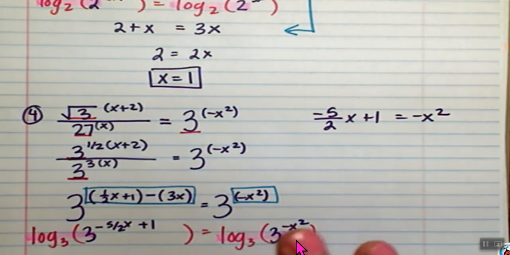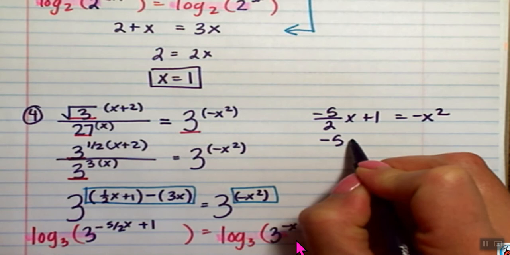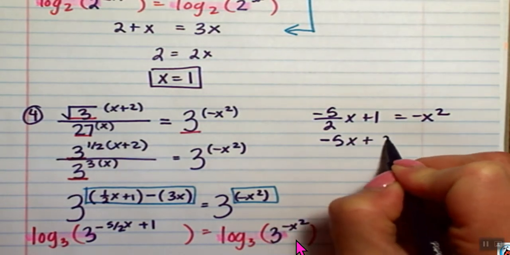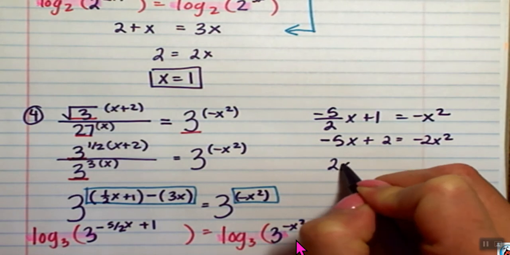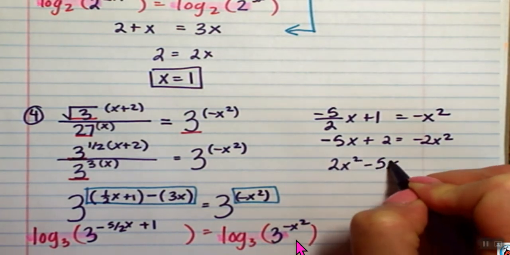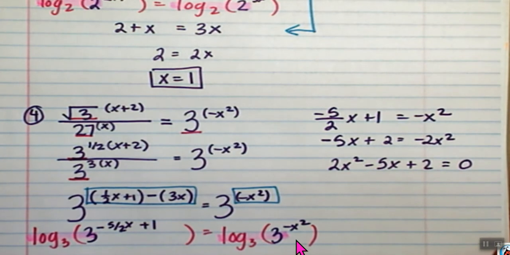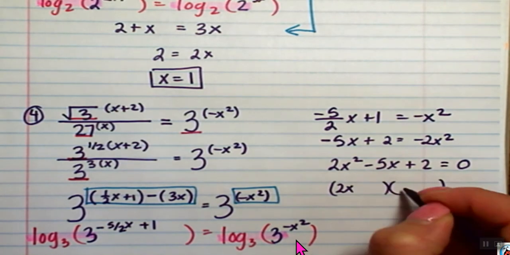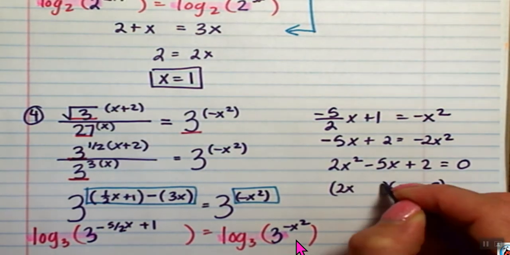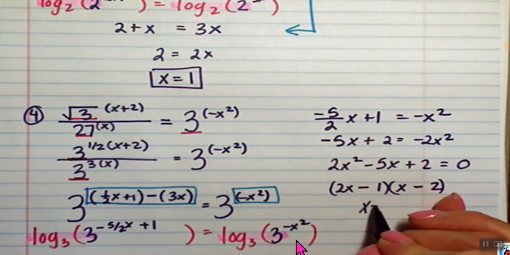Now, I don't like fractions, so I'm actually going to multiply everything by 2. And then I'm going to bring my quadratic over. And then I'm going to factor. And solve.